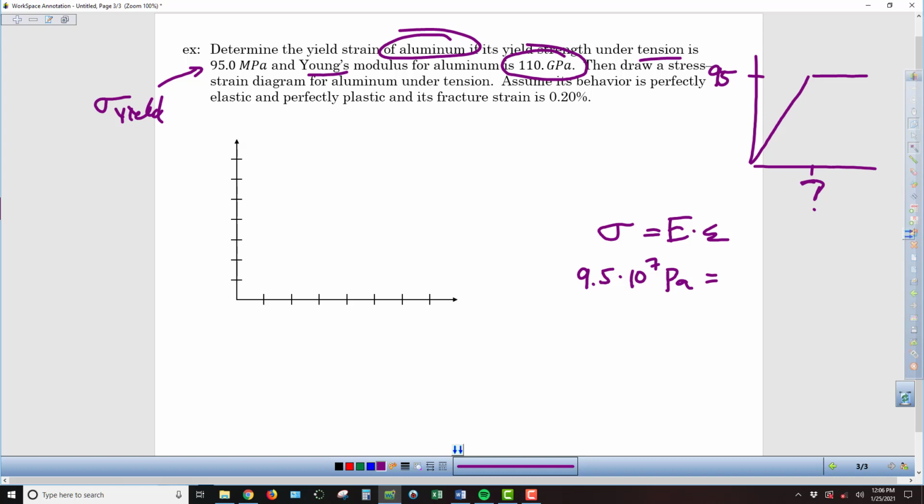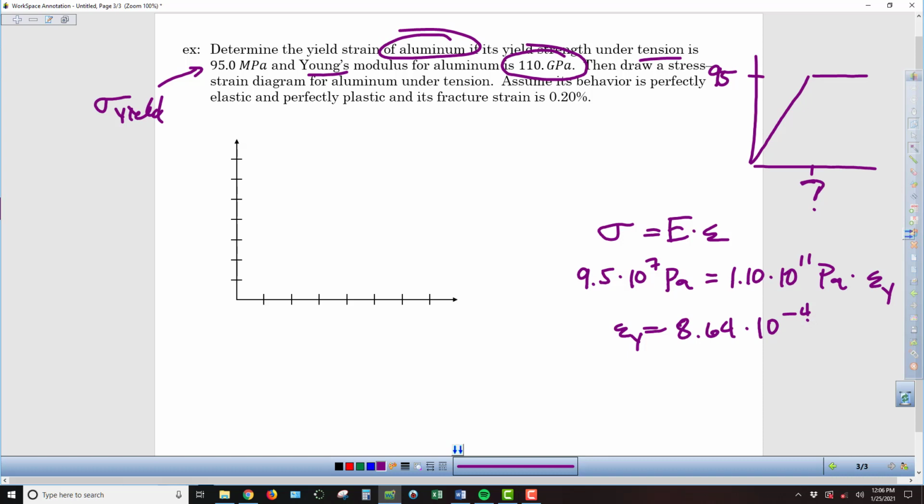So with 2 more decimal places, it's going to be 1.10 times 10 to the 11th pascals times our yield strain. So if we divide both sides by that 110 gigapascals, we're going to end up with a yield strain of 8.64 times 10 to the negative 4th.